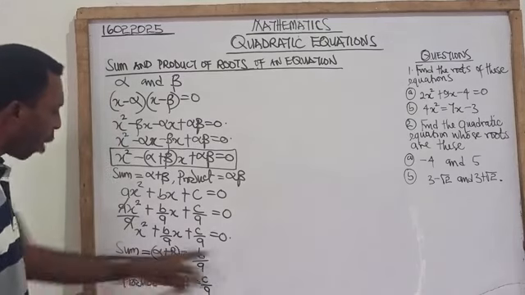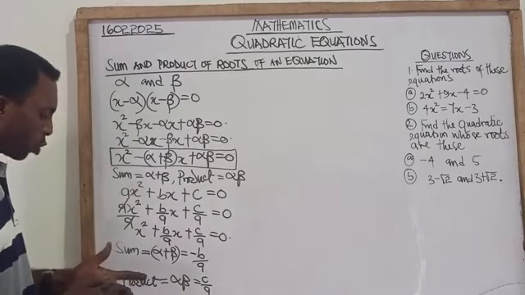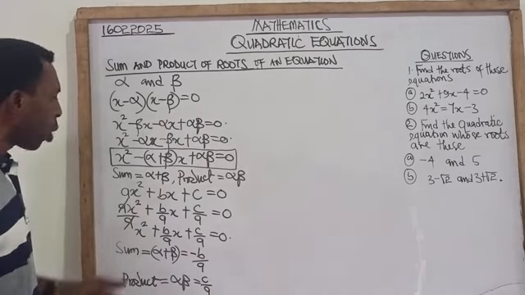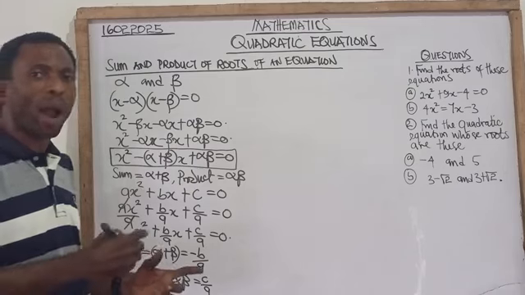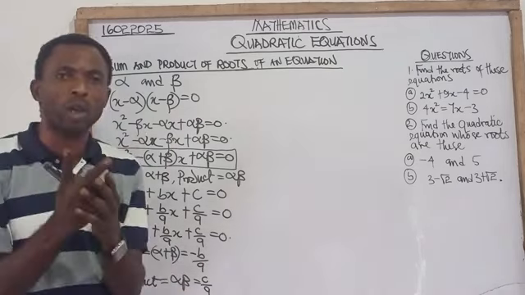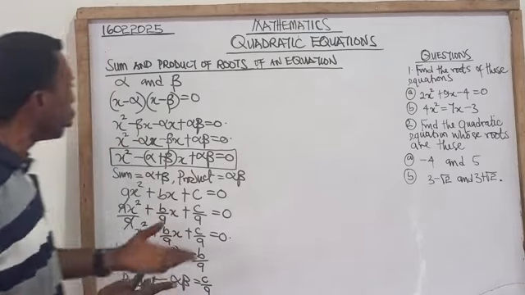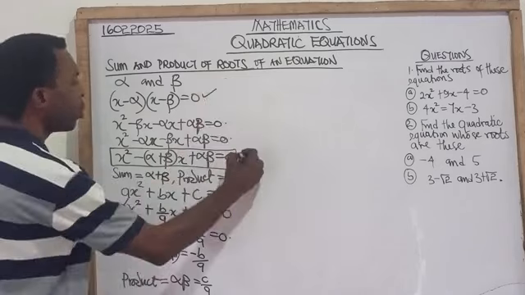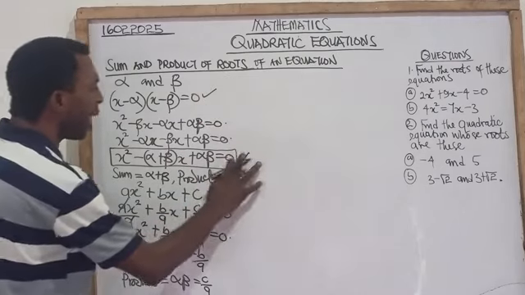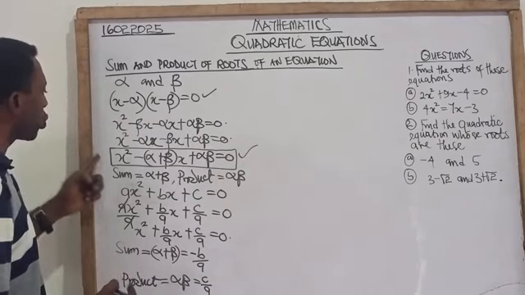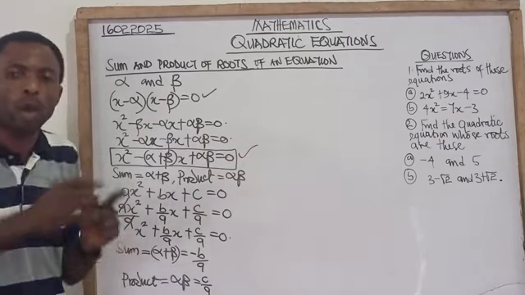So we have this sum and this product. Whenever you are given two roots of an equation to generate the equation, you can use this method or the first one. When you use these two, you will be able to get your equation.